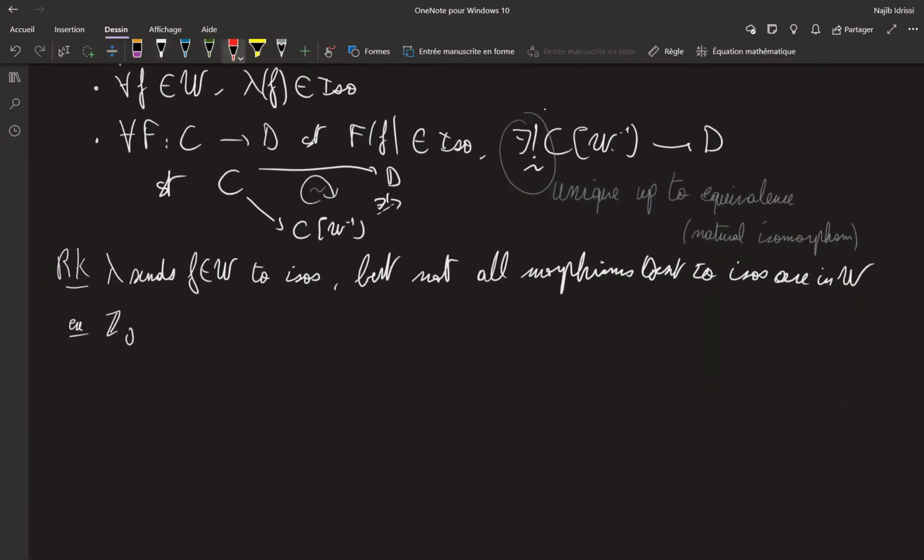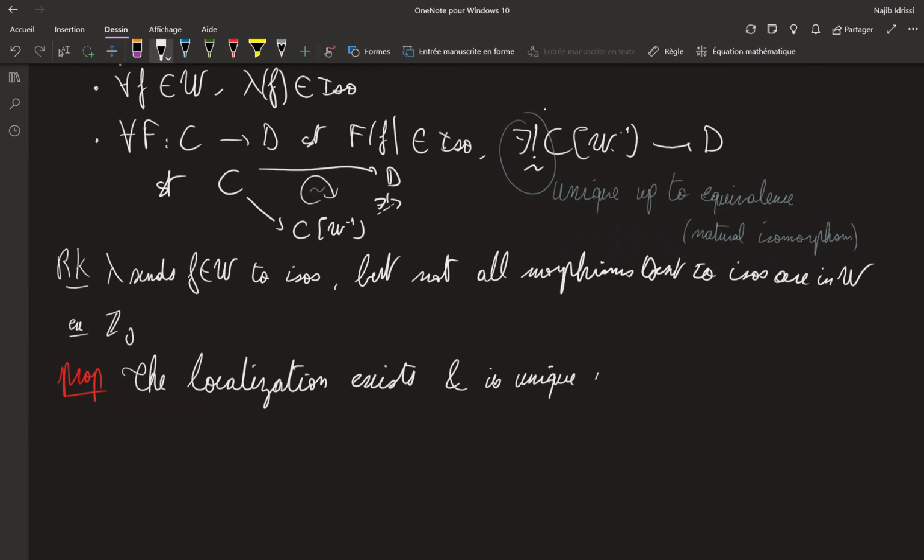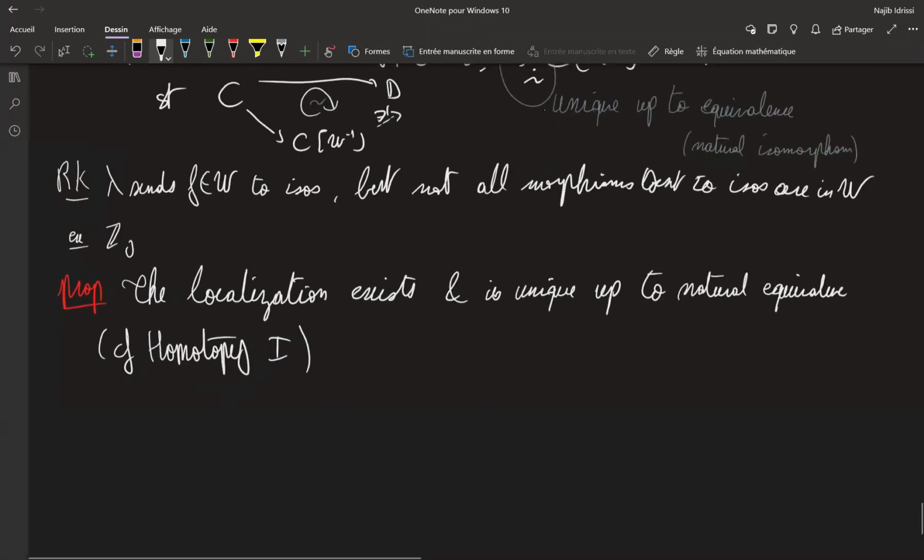And so to conclude today, let me just state that the localization exists and is unique up to natural equivalence. You proved this in the course Homotopy 1.